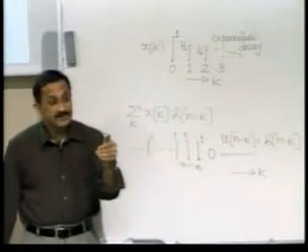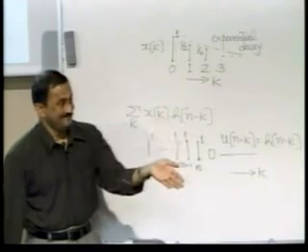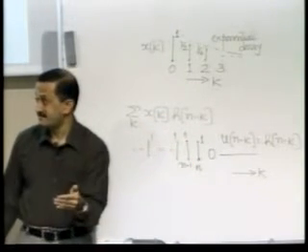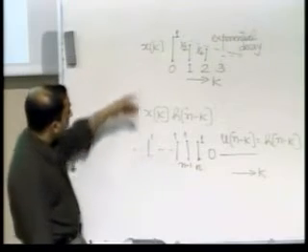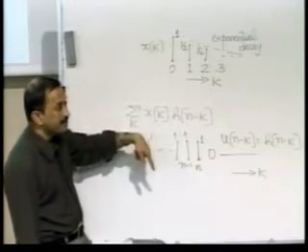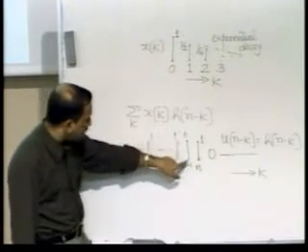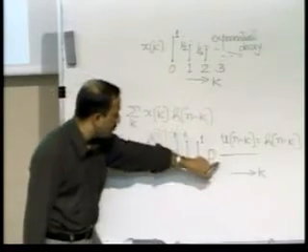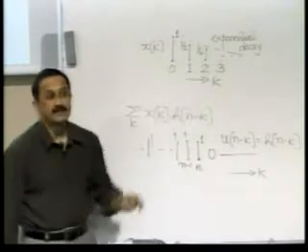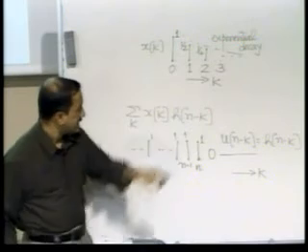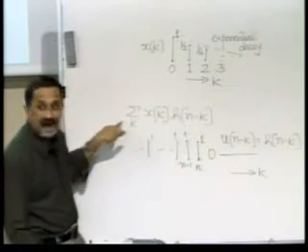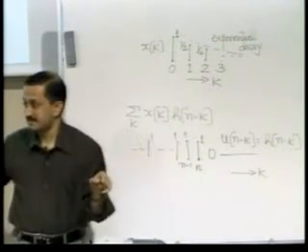Both of these are treated as sequences in k as opposed to n. Right? So we multiply them point by point. Point by point means the corresponding point here will be multiplied by the corresponding point here. The point number 1 here will get multiplied by the point number 1 here, and so on. That's what this says: multiply the corresponding points k and then add over all these products.